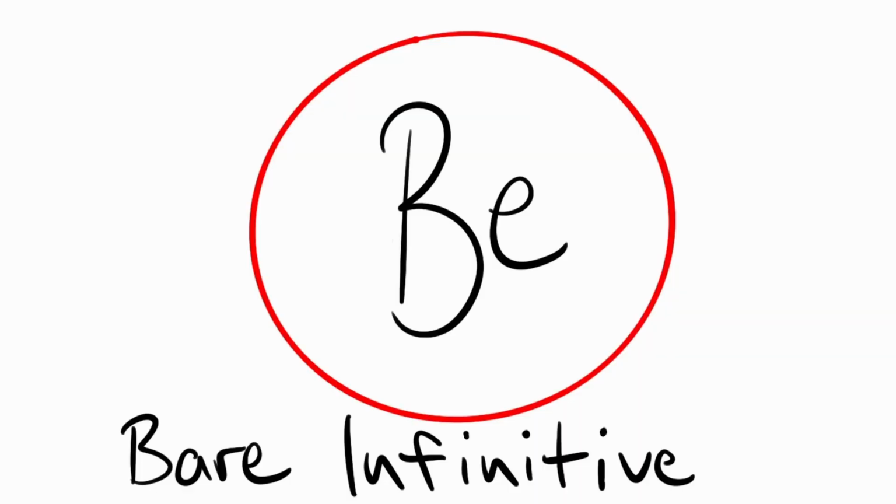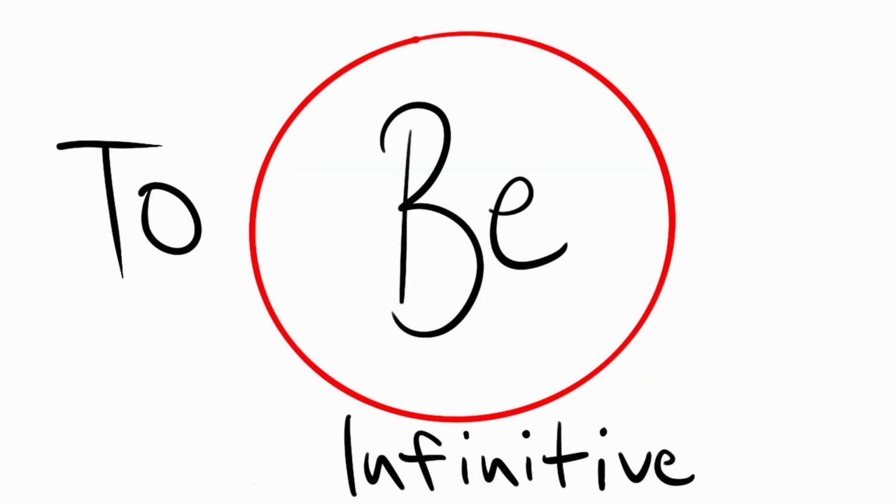So, the bare infinitive, which is the easiest, is simply the word as you would look it up in the dictionary. And if you want to look up the word be in the dictionary, it would be be, be. The infinitive, think of Hamlet's famous monologue, to be or not to be. That is the question. So there we have the be verb already in two forms, right? The sentence itself is talking about the verb as an idea, as the subject of the sentence.